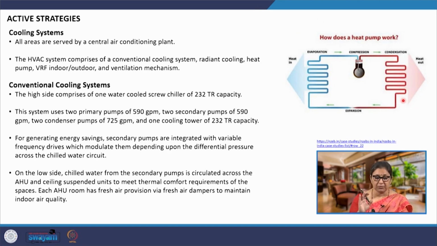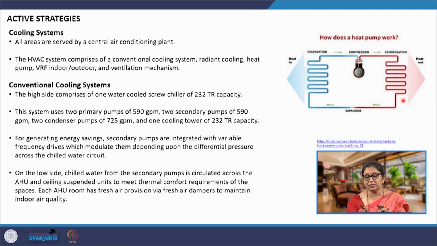All the passive design strategies of planning the building properly have been followed. Once that has been done, they are moving on to MEP, where for the cooling systems they have gone in for central air conditioning, a conventional cooling system, plus radiant cooling and a heat pump plus a VRF, both indoor and outdoor.